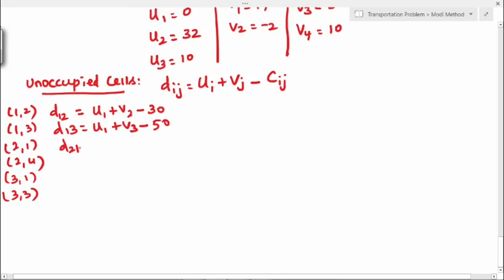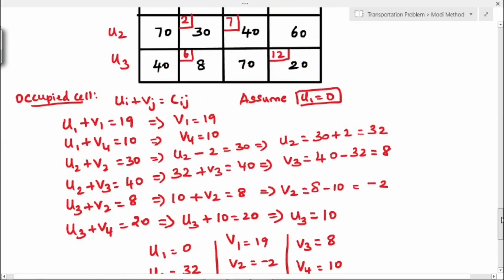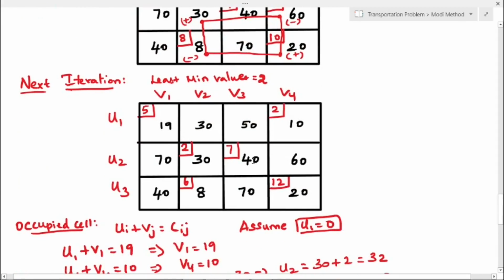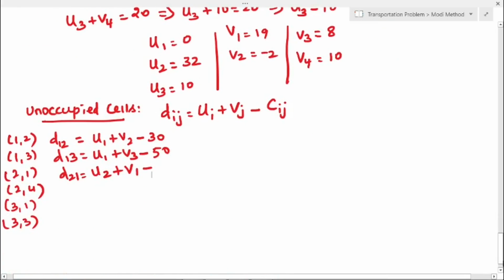And D21 equals U2 plus V1 minus the second row, first column cost, which is 70, and the next one, D24, cost is 60.